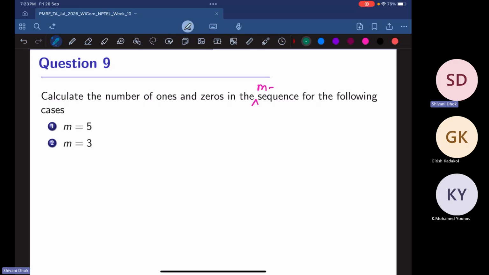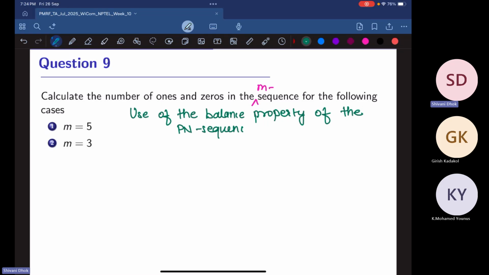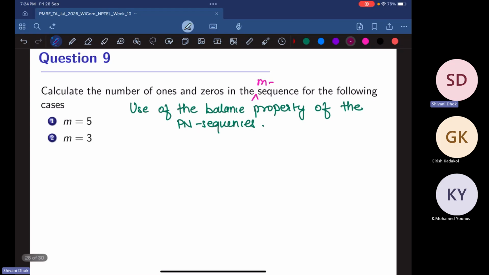So this is simply the use of the balance property of the PN sequences or the random sequences. Again, I'll just reiterate what the balance property was.